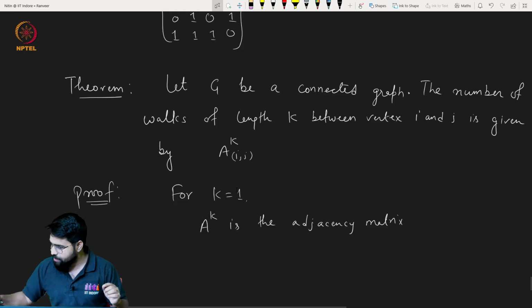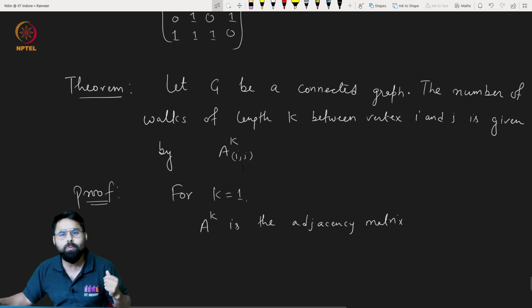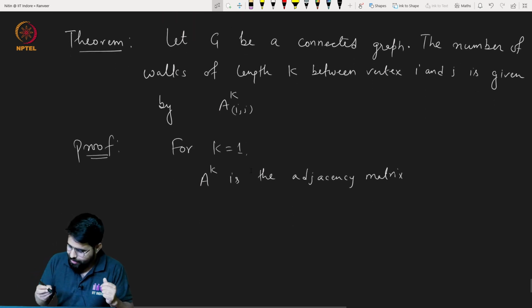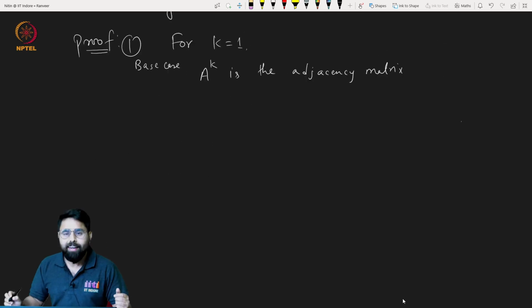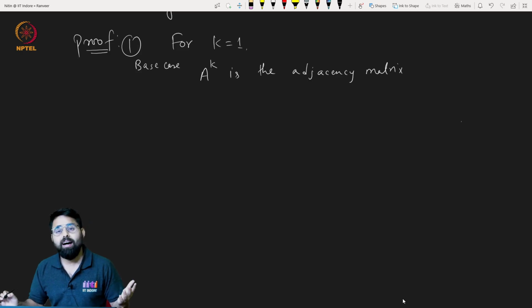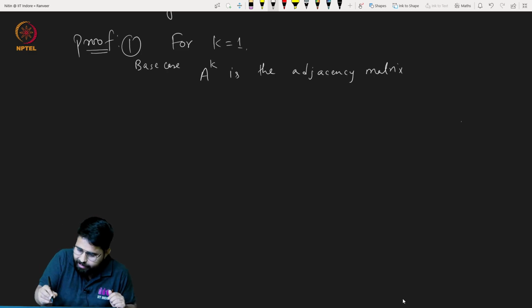Now the next step of induction is the hypothesis. So this is the base case. Next, let us assume that this is true for some k greater or equal to 1.